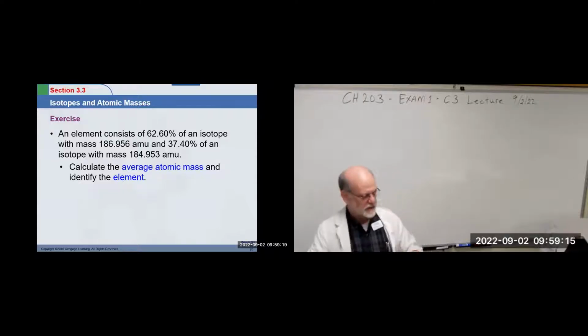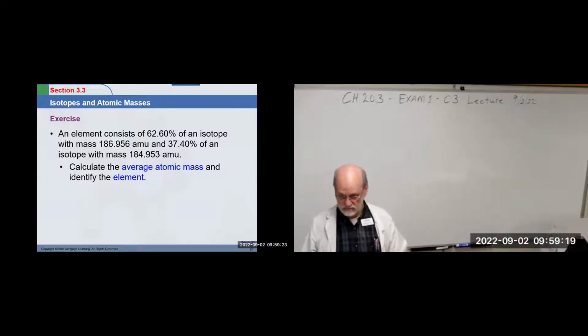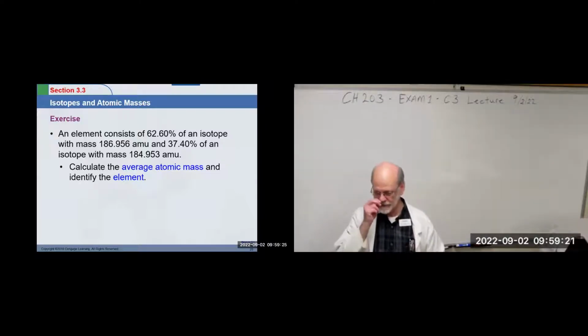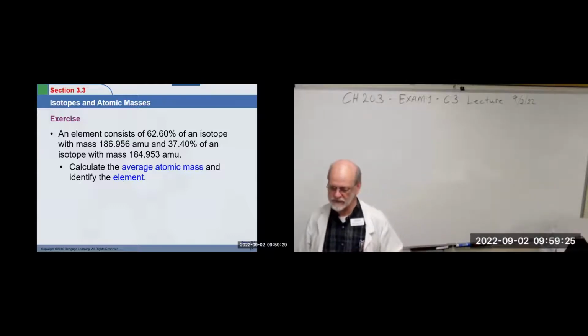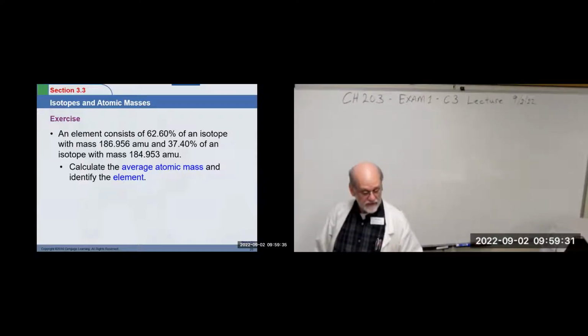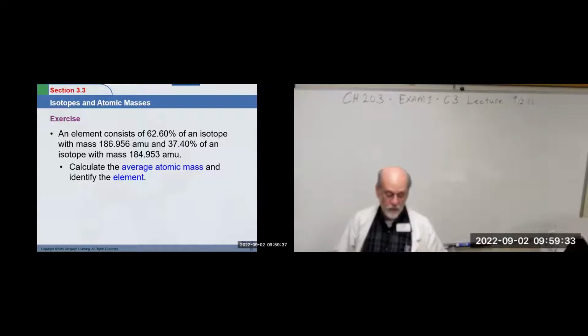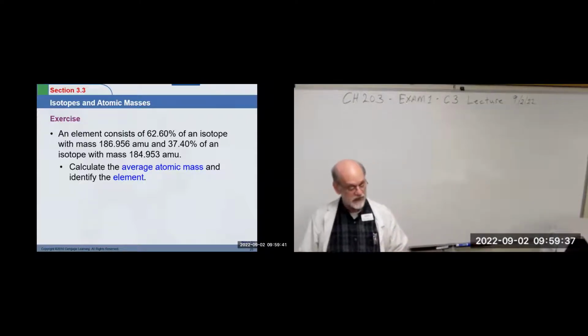And this is in the naturally occurring mix in the Earth's crust, where we do most of our work. It might be different on some other heavenly body. Right? So that's for exochemists to worry with. And then the other isotope at 184.953 atomic mass units represents only 37.4%.